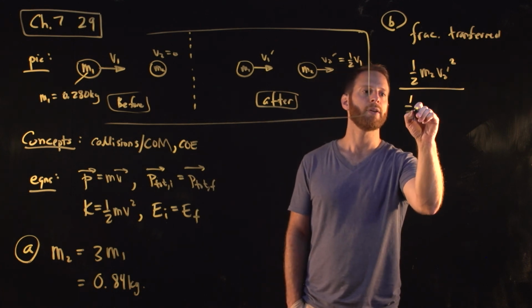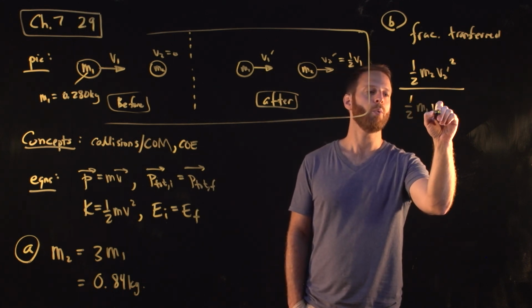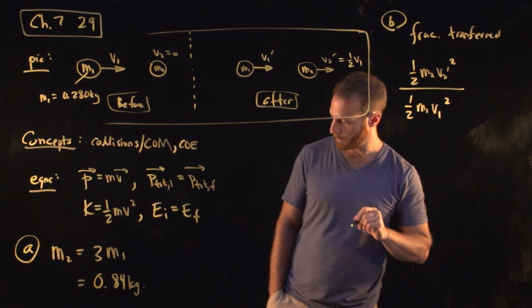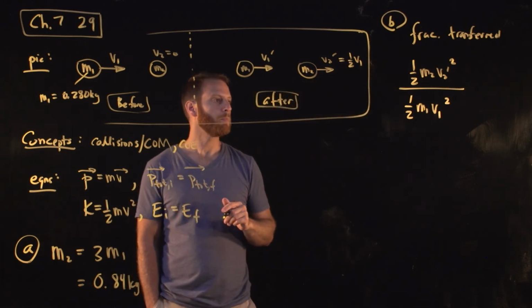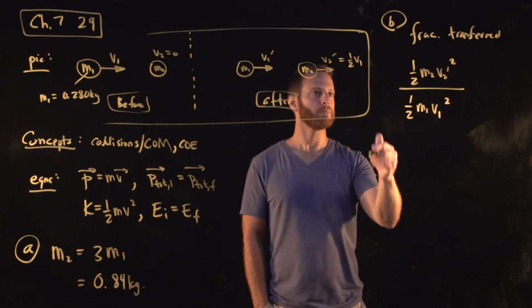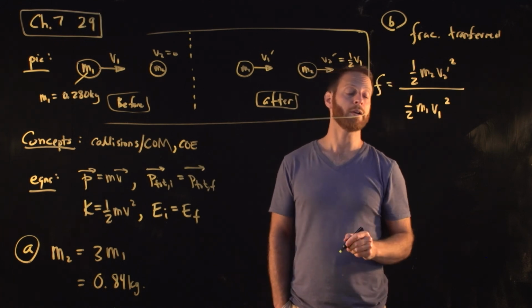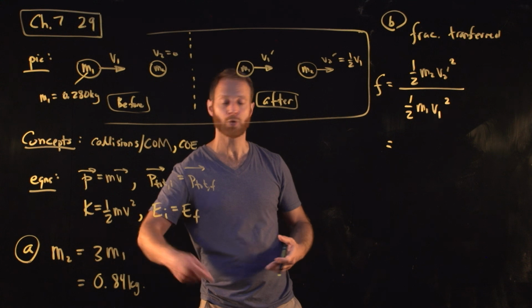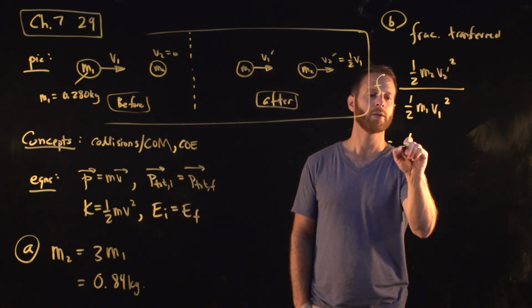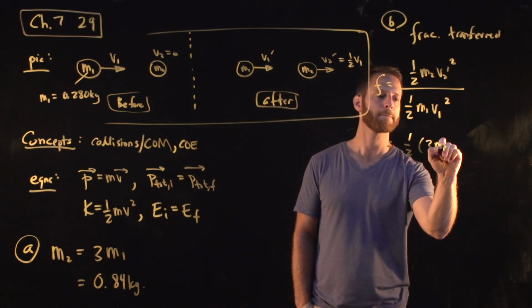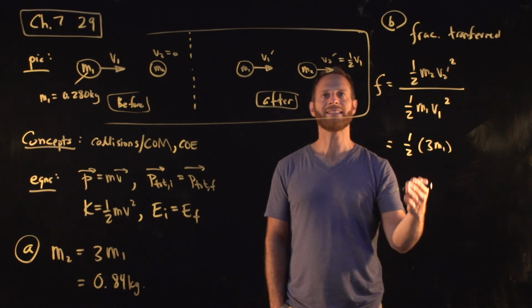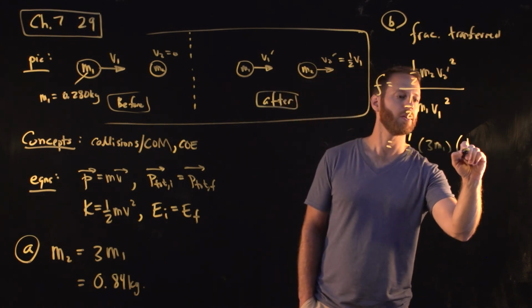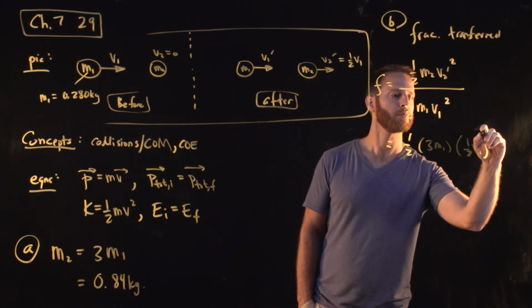In other words, 1/2 m1 v1 squared. Okay. So this is f, this is the number that we're trying to find. The things to include now are that m2 is actually 3 times m1, and v2 prime itself is 1/2 of v1.